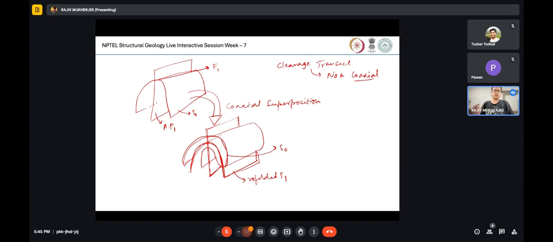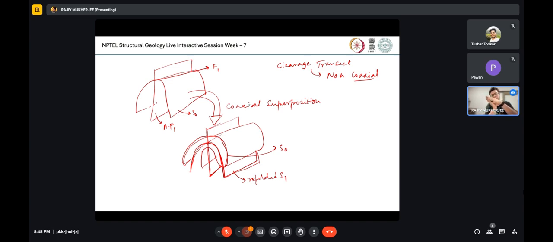So if you have non-coaxial superposition, type 2 deformation, that is non-coaxial, and in that case, your cleavage will not be parallel. Cleavage transection means that you are rotating because you are producing asymmetric folds.